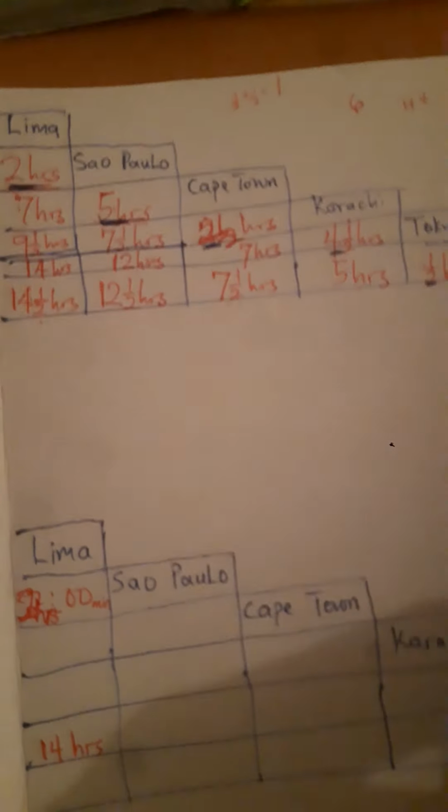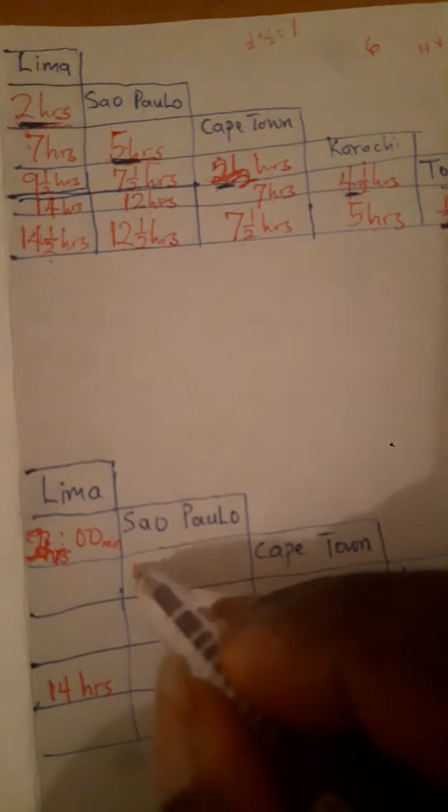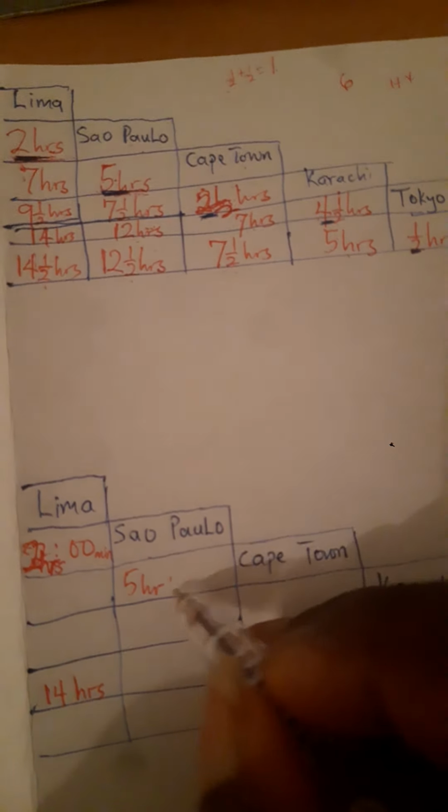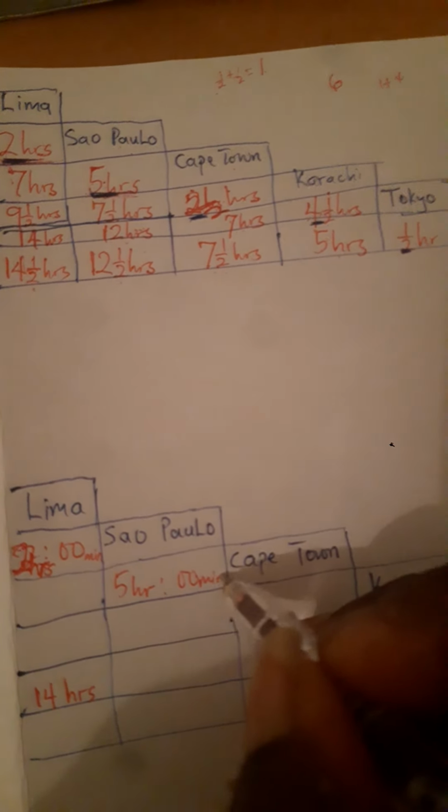Now, here is 5 hours. So I have 5 hours, 00 minutes. Okay. Cape Town, here is 2.5 hours. So 2.5 means I have 2 hours. Half is what? Half is 30 minutes.